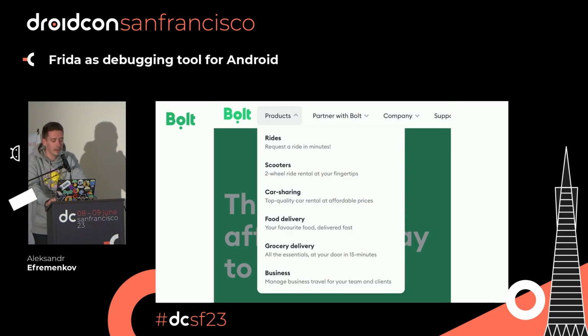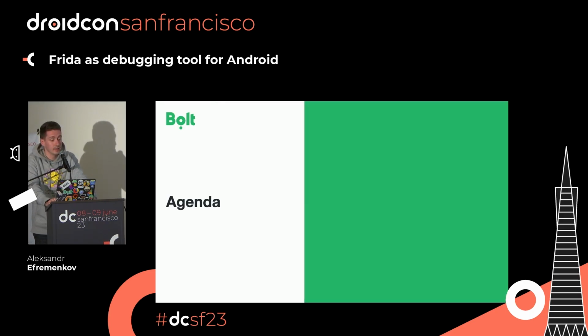Okay, but before we start, the agenda. Just to make it clear, here is what we will be discussing. First, we jump into the problem and understand what problem we have with our app. The second one, what instrumentation essentially is, and we'll understand the definition of instrumentation.